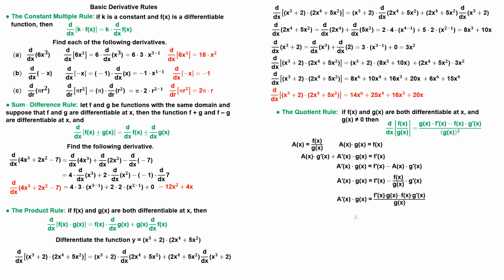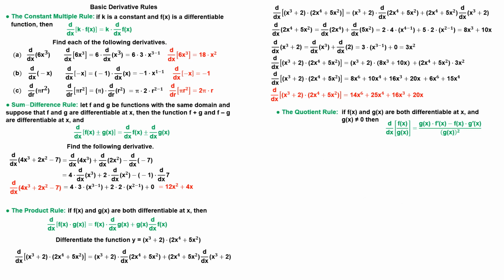At last, we divide both sides by g of x. This rule says the derivative of a quotient is the denominator times the derivative of the numerator, minus the numerator times the derivative of the denominator, all divided by the square of the denominator.